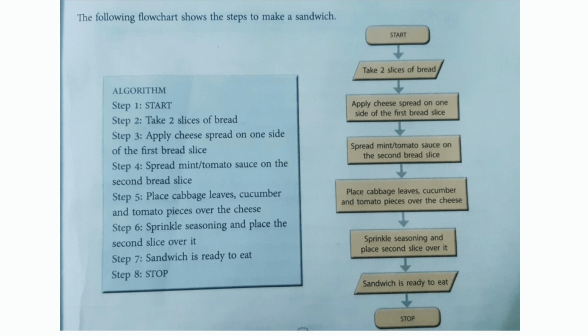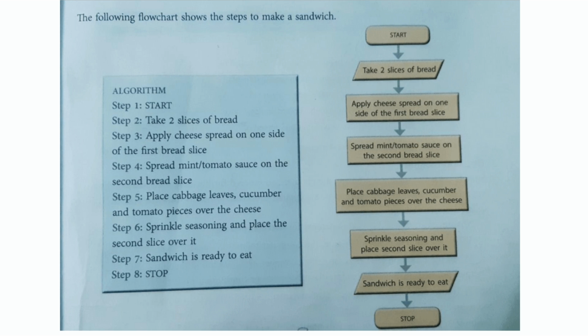What is the process? Applying, spreading, keeping some cabbage leaves and cucumbers. This is the process of making a sandwich, so we have written all that in a rectangular box. The rectangular box is also known as a process box in a flowchart.